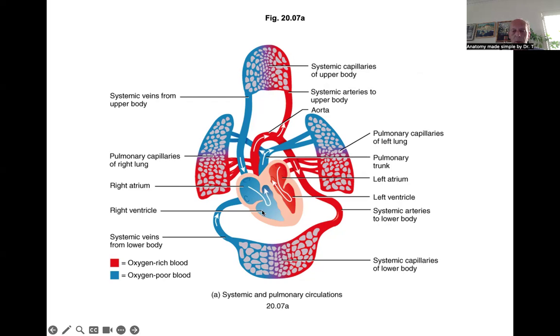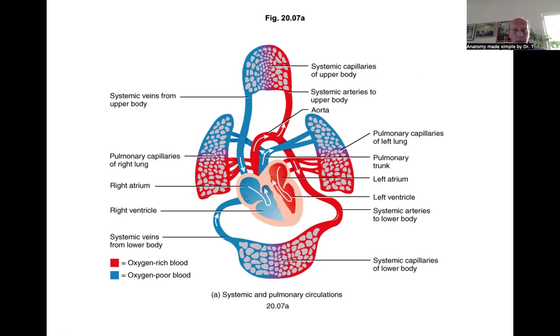The right atrium, after its short contraction, fills up maximally the right ventricle, which is then due contraction on its own, pushing blood out of the right ventricle into the pulmonary trunk and then left and right-sided pulmonary arteries that bring deoxygenated blood into the lungs, into a system of pulmonary capillaries, where the oxygenation process takes place.